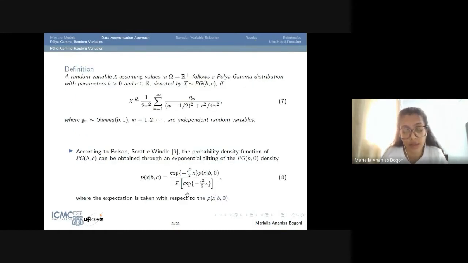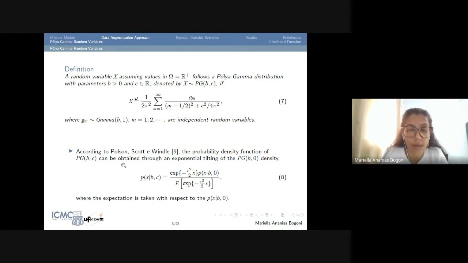Before talking about this data augmentation strategy, it is important to define a Pólya-Gamma distribution. A random variable x that assumes positive values follows a Pólya-Gamma distribution if the distribution of x is equal to the distribution of the quantity on the right side of equation 7, where each g_m is a gamma random variable.